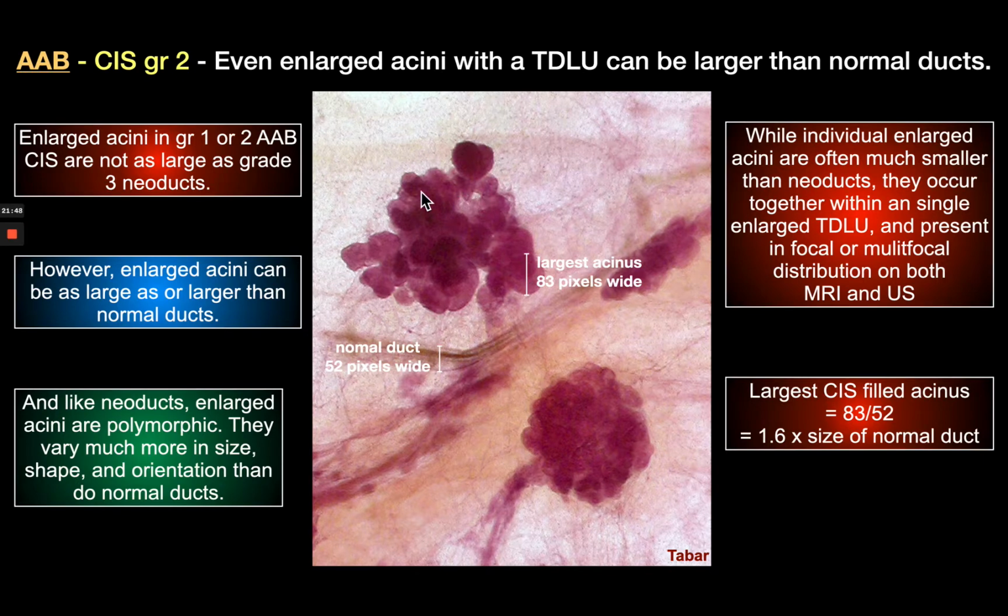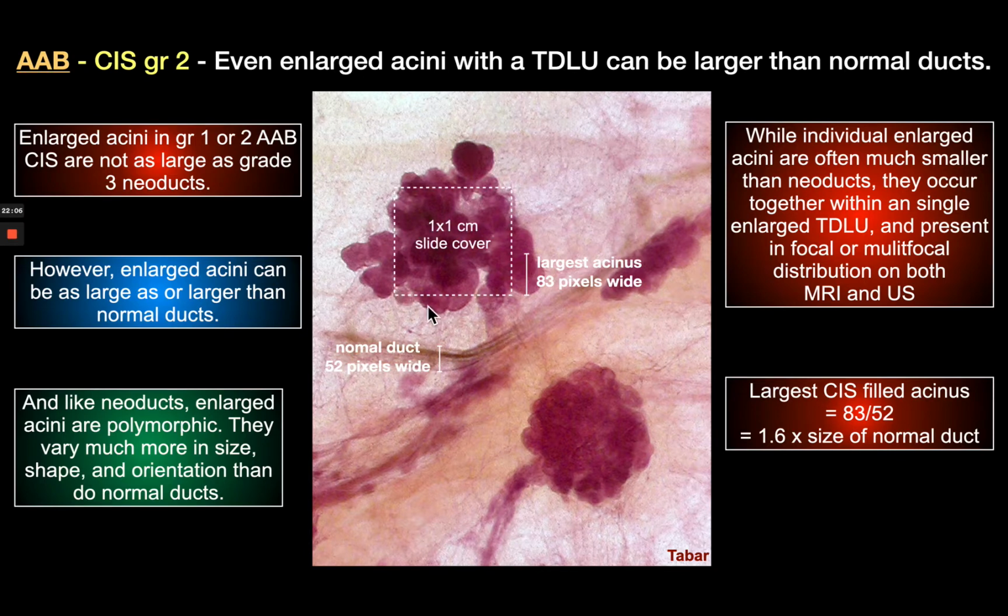So if you don't have a big, large section, it can be very difficult for the pathologist to determine whether this is an enlarged duct or simply an enlarged acinus. And that's where the confusion on carcinoma in situ versus DCIS comes from, or AAB versus DAB.